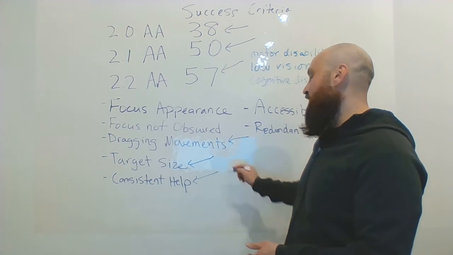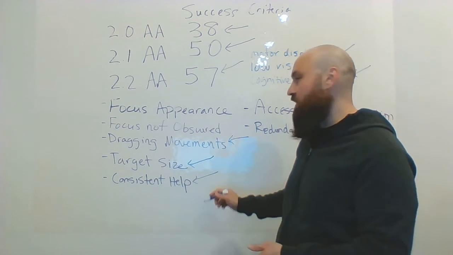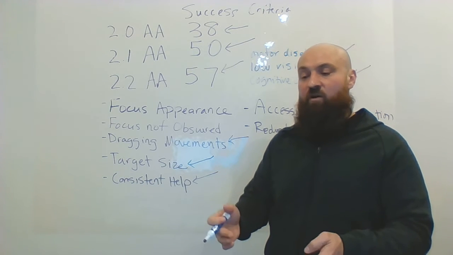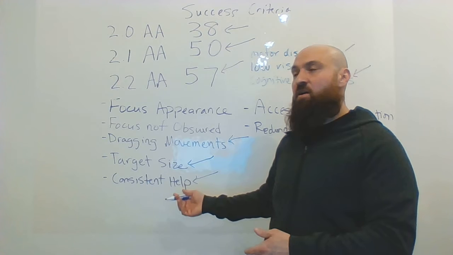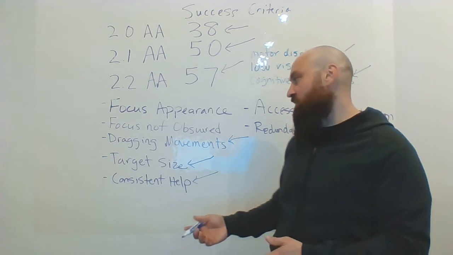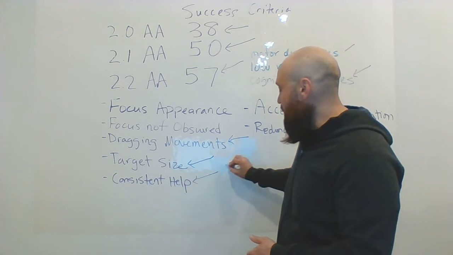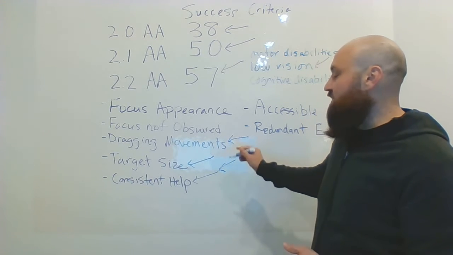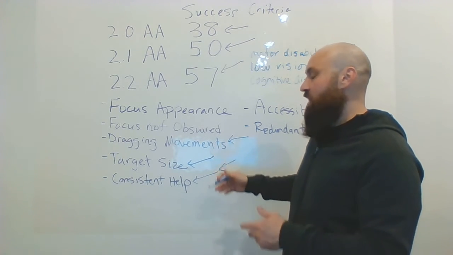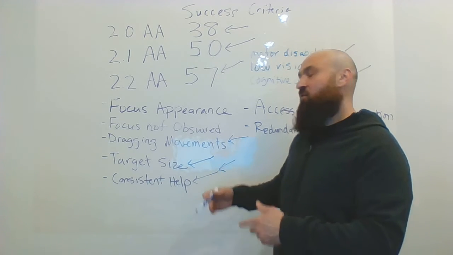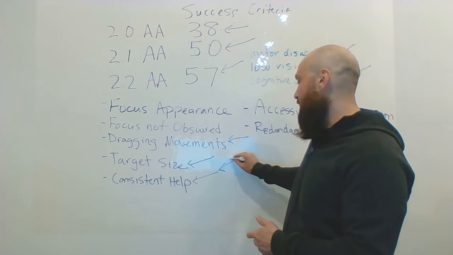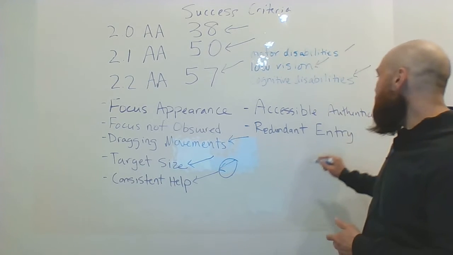Or the help link, for example, or support link. You don't want to have one footer where there's a link for support and then another footer on a separate page that doesn't have a link for support. So the underlying premise here is just that help is consistently available in a predictable manner, same place, and for the most part it's consistent throughout the website.